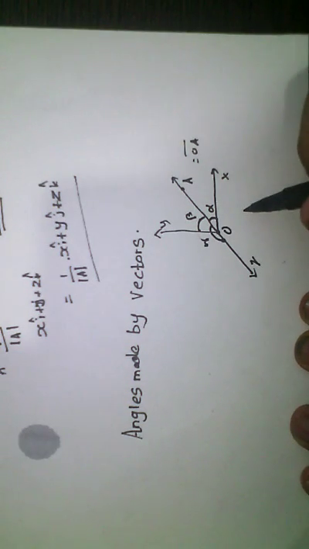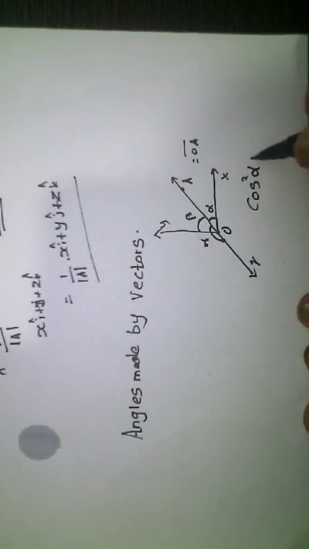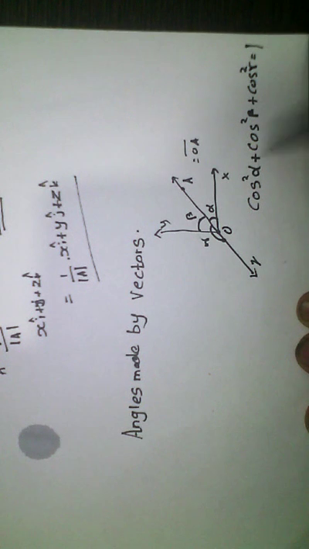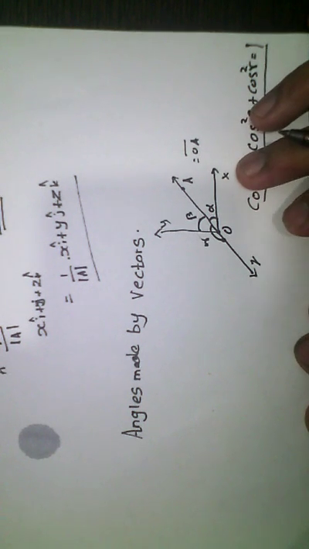Then remember this, that always cos square alpha plus cos square beta plus cos square gamma is equal to 1, always unity. Remember, you don't have to understand the derivation, as it's not much important, never asked in JEE.